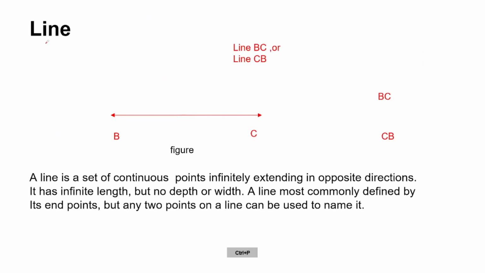Next is line. What is a line? In simple words, the join of 2 points is known as a line.